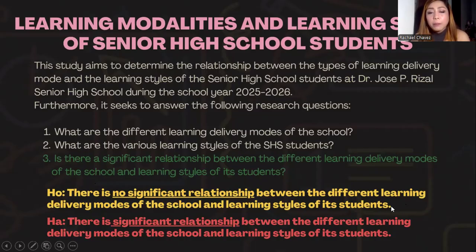And then I ended with a period because it's a declarative sentence. Okay, so pinapakita lang natin na yung sagot natin sa number 3, ina-assume natin that there is no significant relationship. And for our alternative hypothesis, all you need to do is to copy and just remove the word no, and that's gonna be your alternative hypothesis. So ganun lang kadaling gumawa ng hypothesis sa ating next PT or performance task.